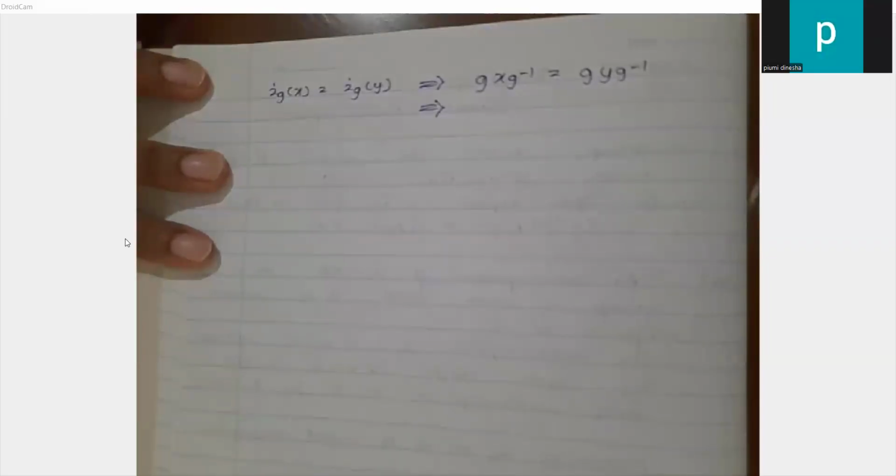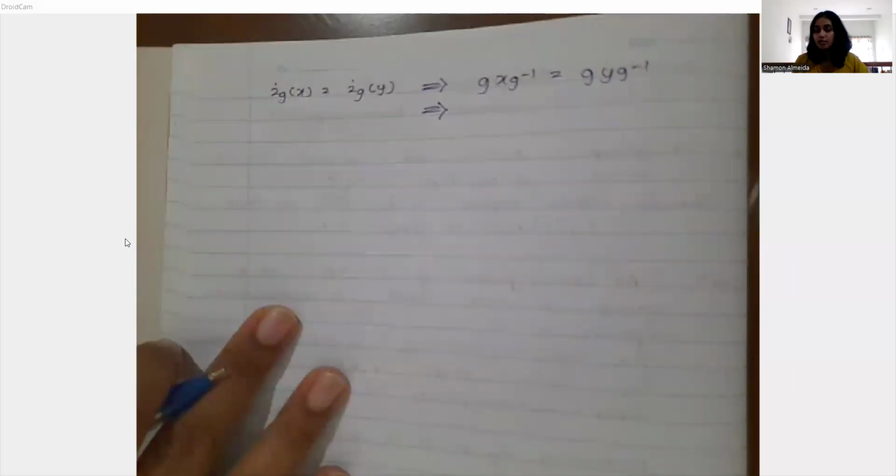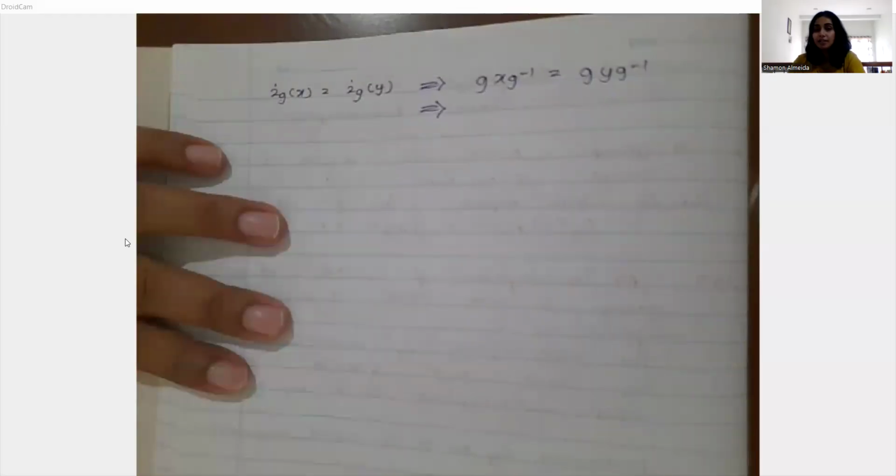Multiply both sides by G inverse and then G. Yes, very good. So we multiply both sides on the left by G inverse and on the right by G, which we can do at the same time, right?